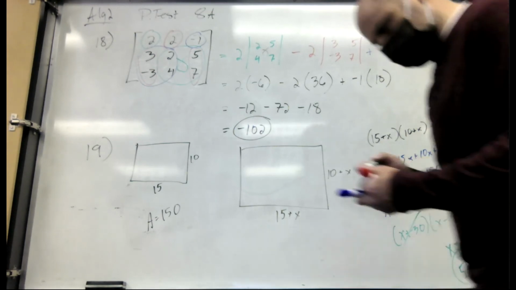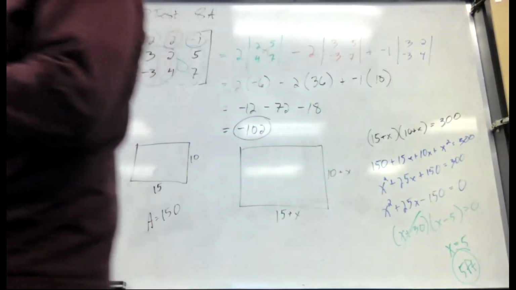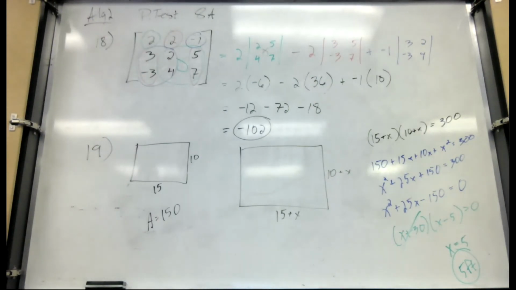Okay, that was a cool question. If you increase both sides a negative amount, it would end up being positive 300. All right, let's just take a second and think about that. That just solves the quadratic.